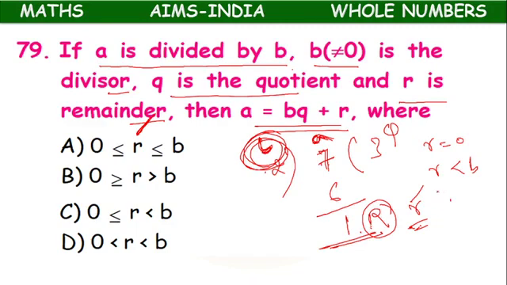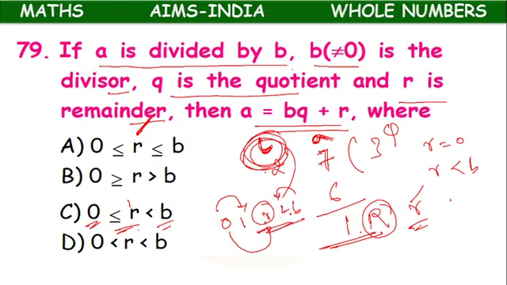So then what is the correct answer, children? Remainder lies between 0 and B. Sometimes it may be equal to 0, or greater than 0 like 1, or less than B like 2.